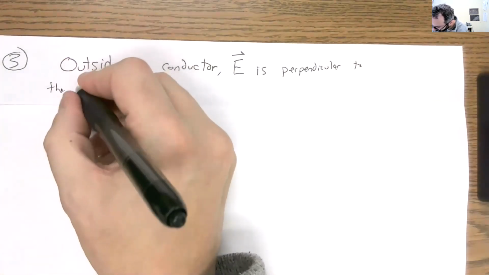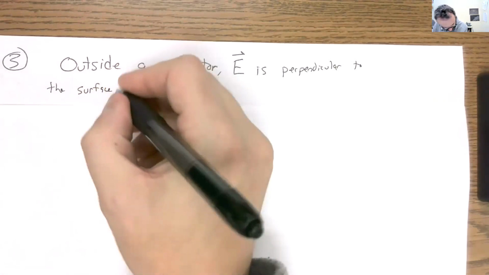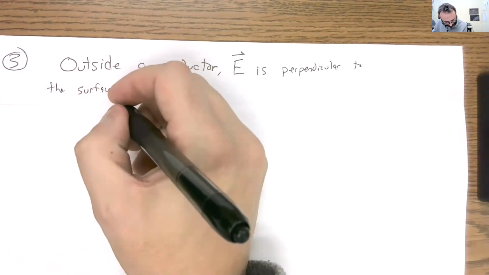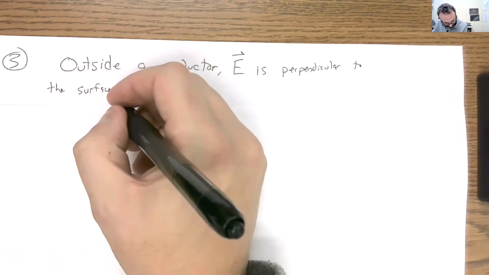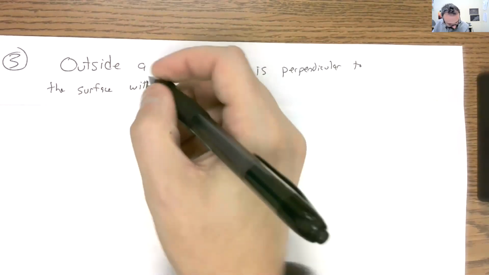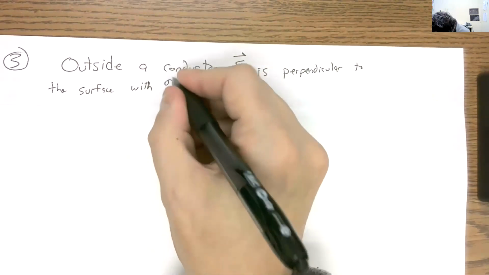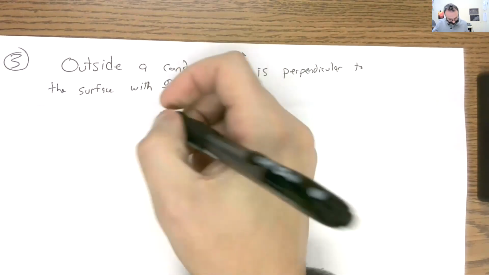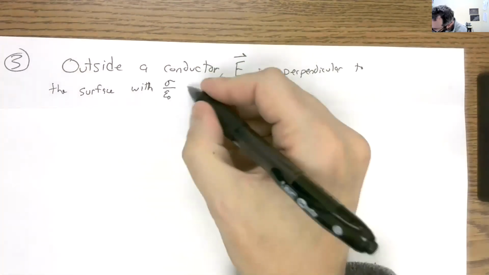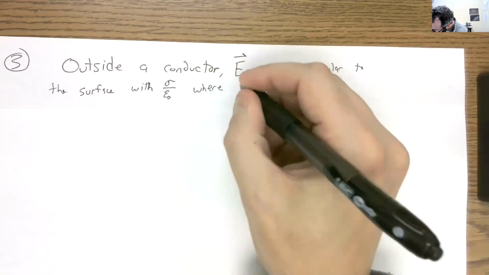So for the direction, it's perpendicular to the surface of the conductor. And with magnitude, we also know the magnitude of the electric field is going to be sigma over epsilon naught, where sigma is the surface charge density.